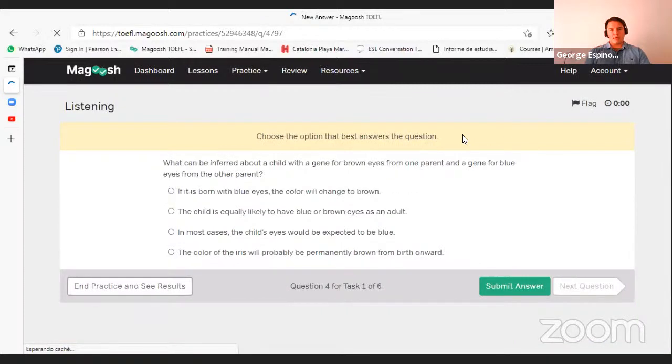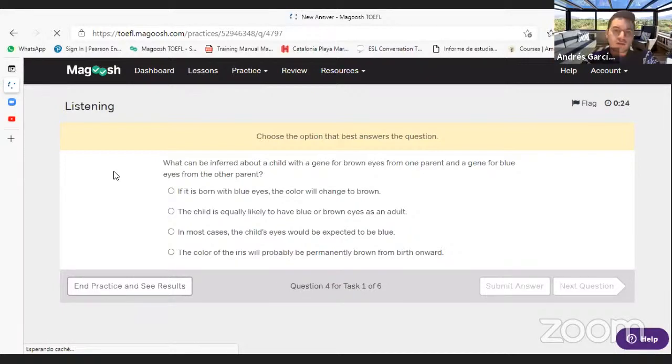So what can be inferred about a child when a gene for brown eyes comes from one parent and a gene for blue eyes from the other parent? I think it's the second. Okay.